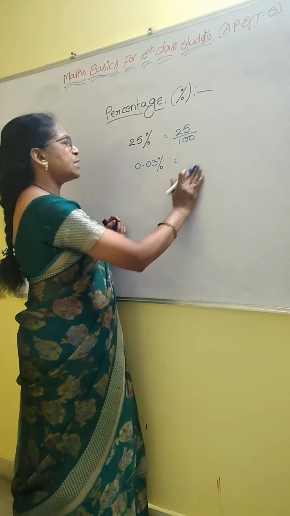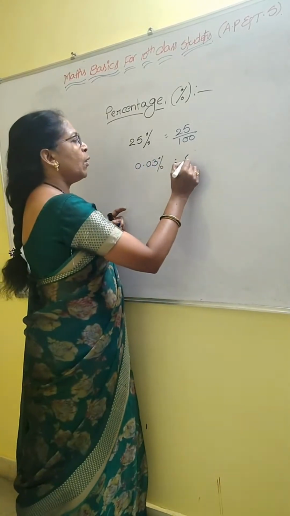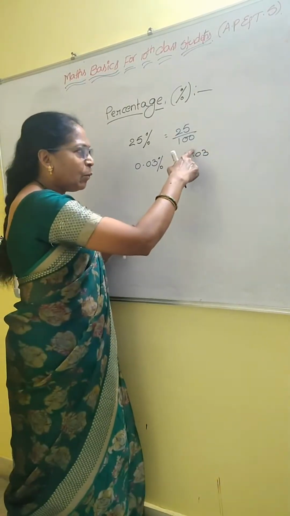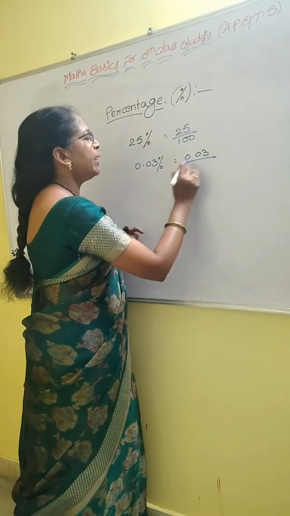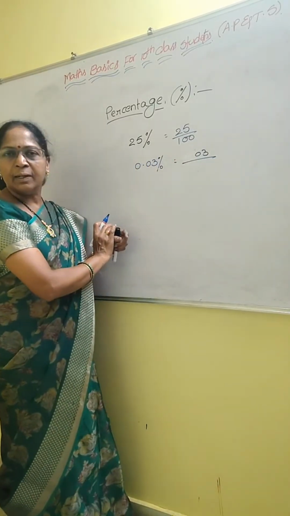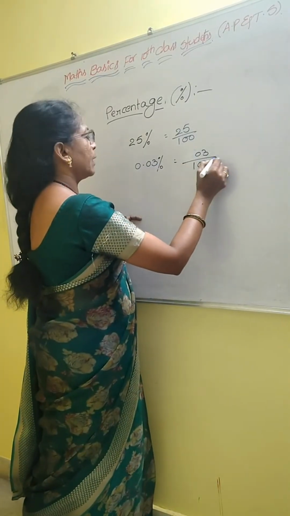Just remove the decimal point. How to remove the decimal point? Point after how many digits are there? 2 digits. Just write it divided by 100.